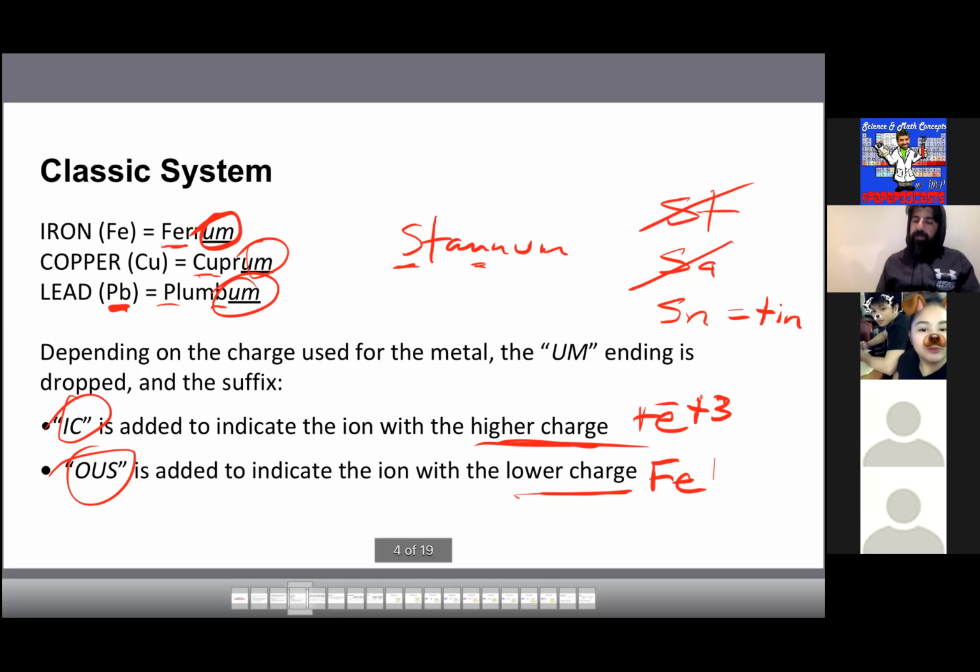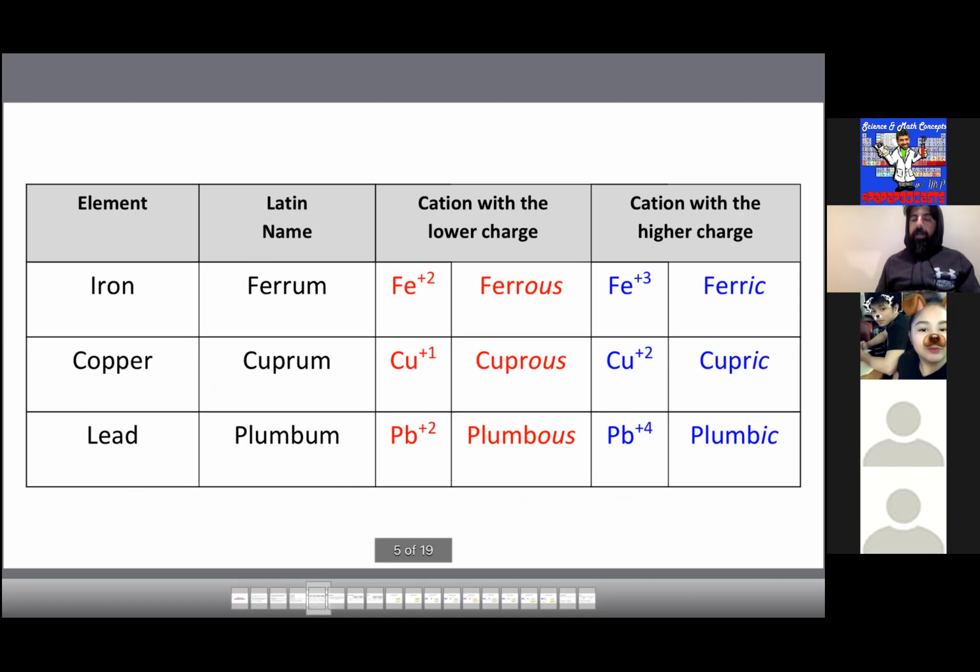Fe, and the lower charge is Fe +2. So if we're using this name, ferrum would become ferric if we were using the +3. But if we were using the +2 iron, this UM would be dropped in favor of OUS. And we'll see that here in a moment when we table all of them.